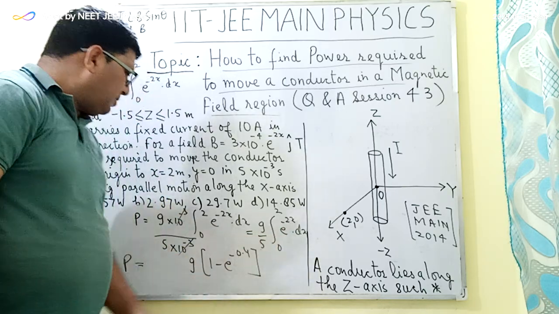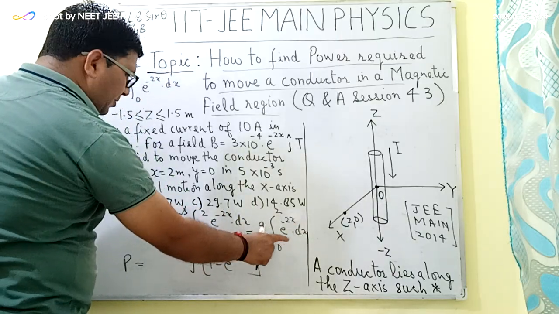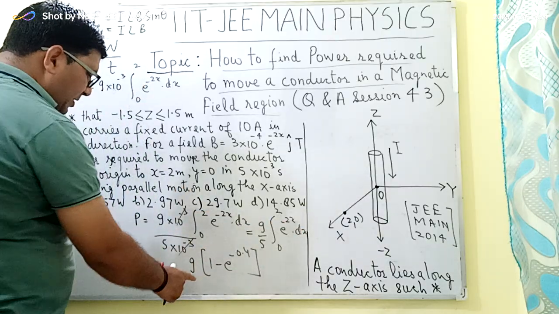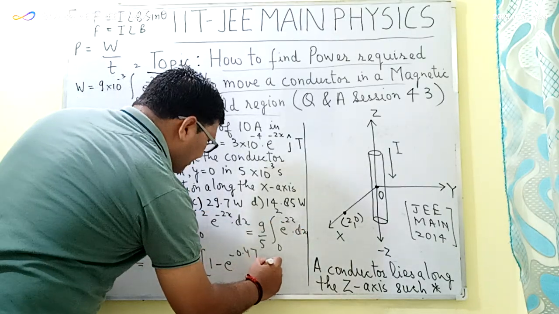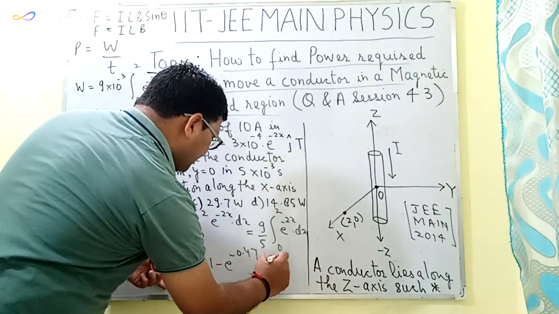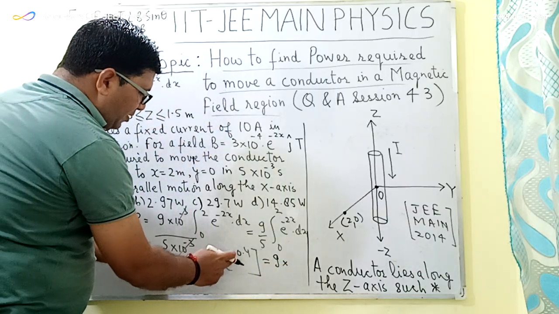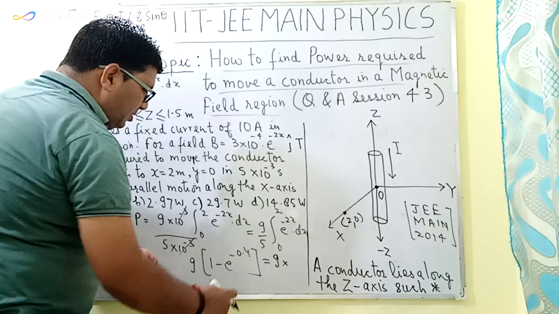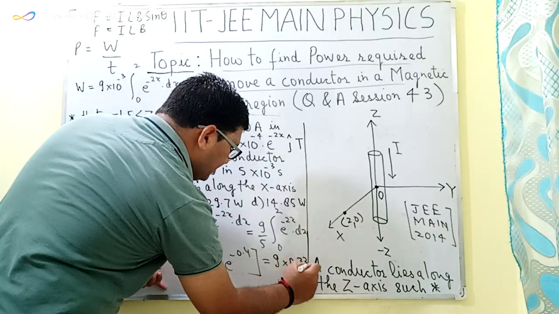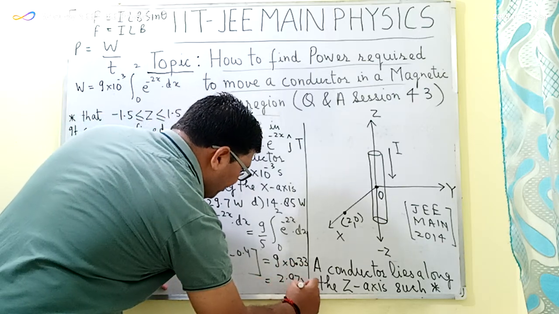The entire value, that is 9 by 5 into the integration of this value, will give you 9 into 1 minus e to the power minus 0.4. This roughly works out to 0.33, and you will finally get this value as 2.97 watt.